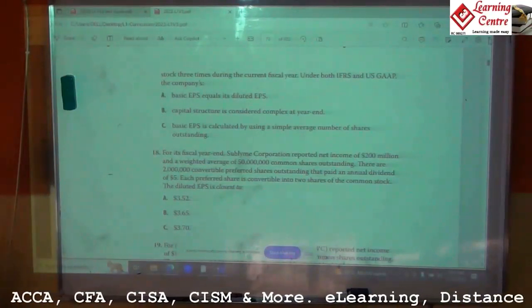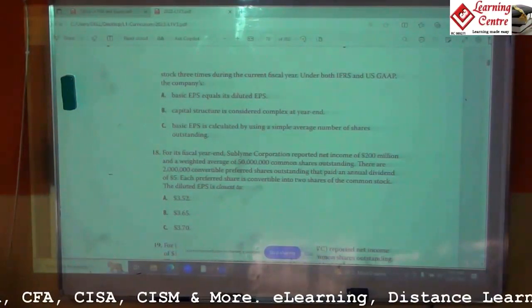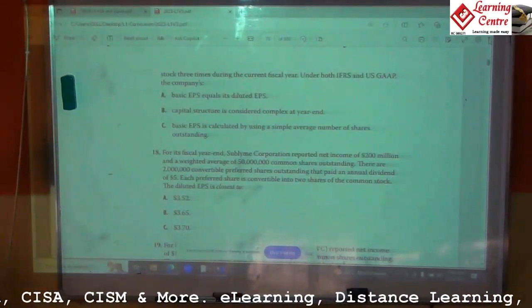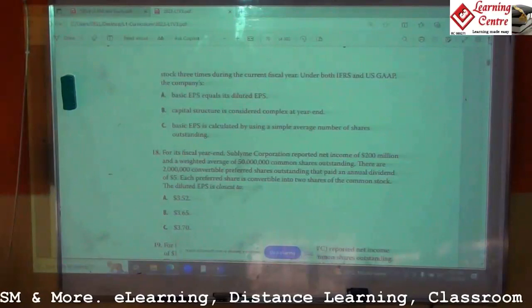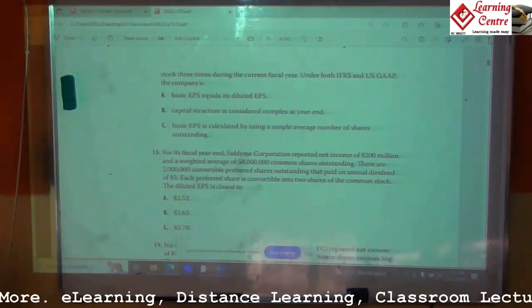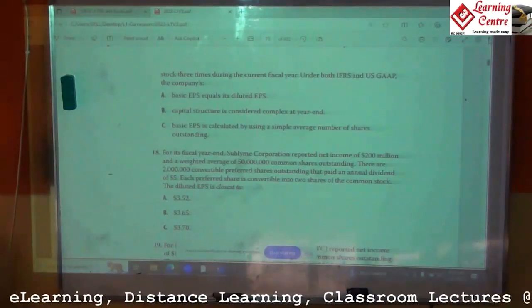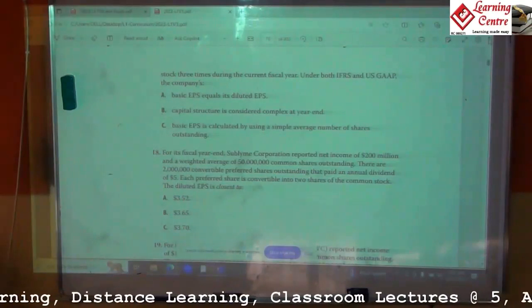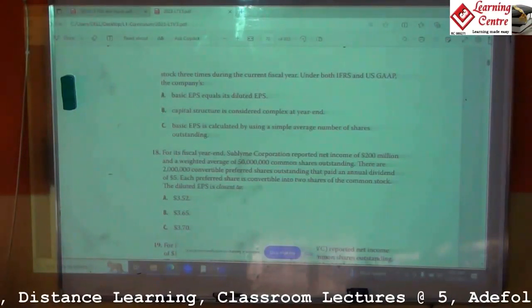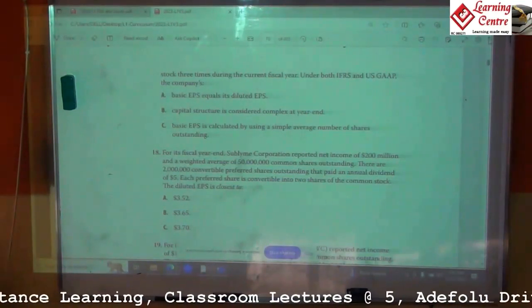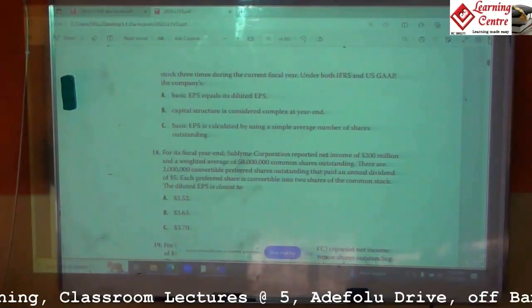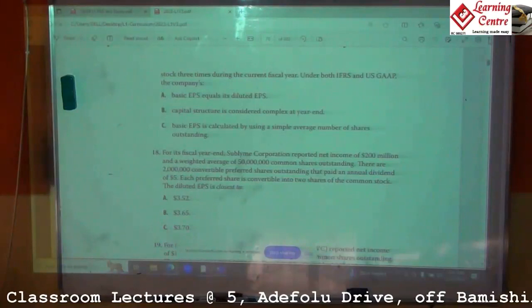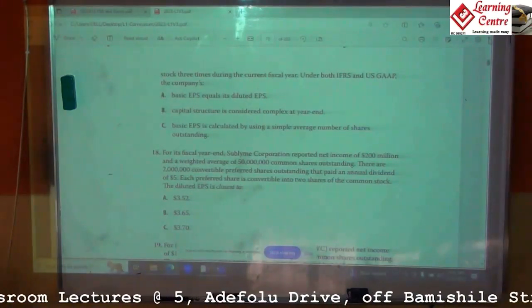So at that point, what's the first thing we need to calculate? Basic, the calculation of the limited expansion. What's our basic earnings per share first?